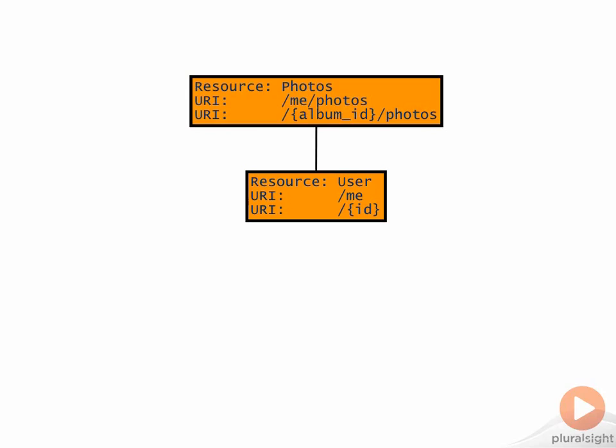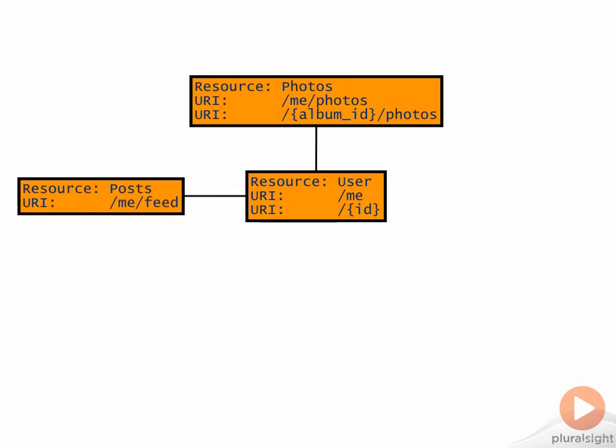Now, in terms of links, a user has photos. So you could go to /me/photos. You could also go to /albumid/photos to give you photos from a particular album. A user also has a feed.